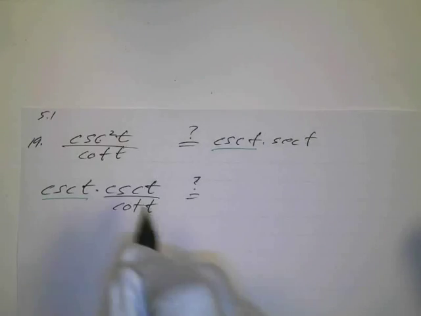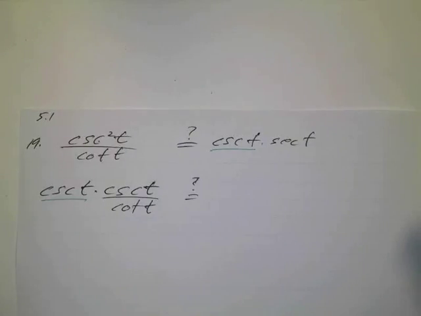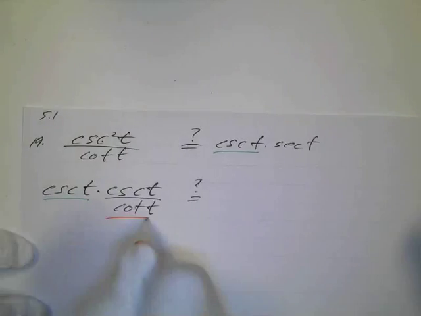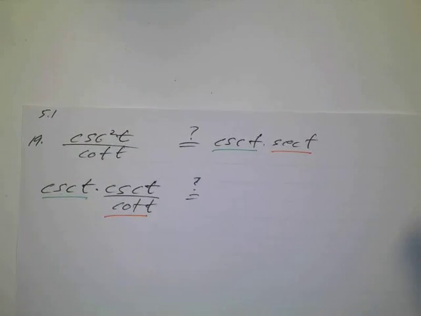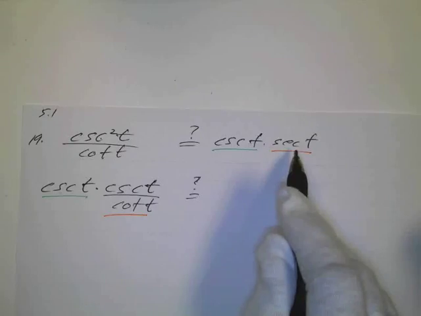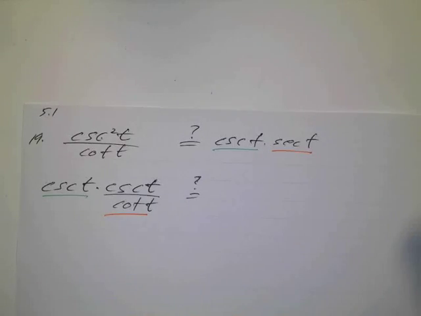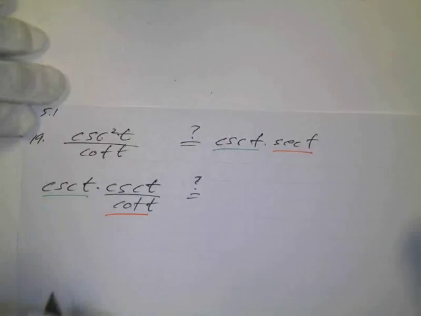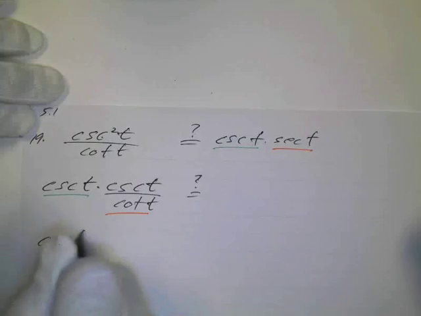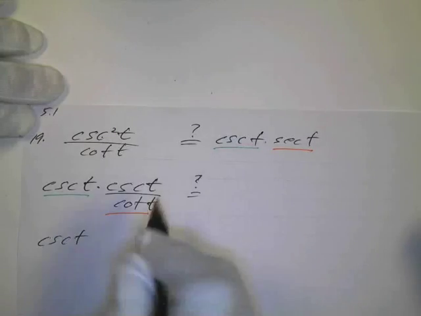Okay, now let's see, what can I do here? The green part's okay, so I want to get this to look like this. How can I do that? Well, let's go sine and cosine and see what we can get, because this is going to be 1 over the cosine, right? So again, we're just going to carry this for completeness. This is the cosecant.